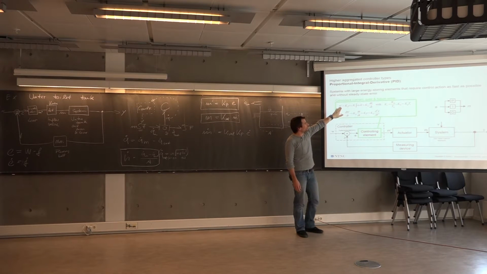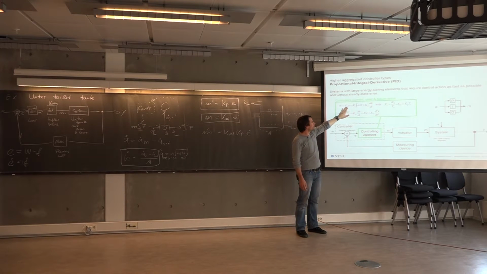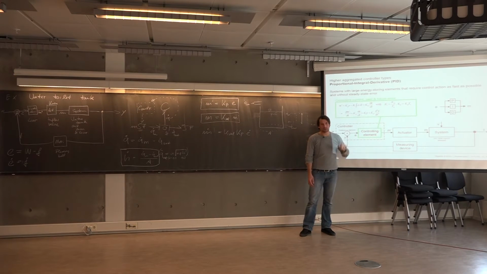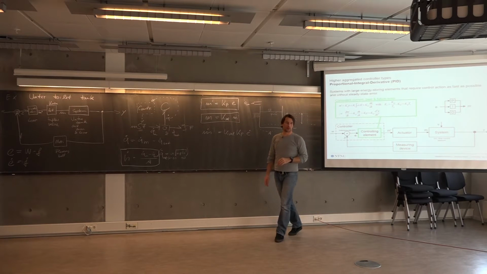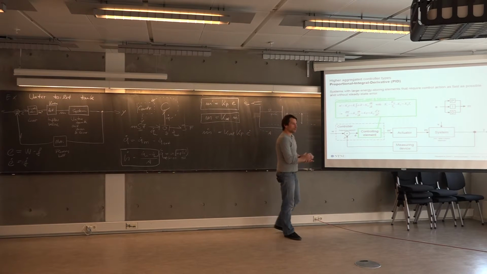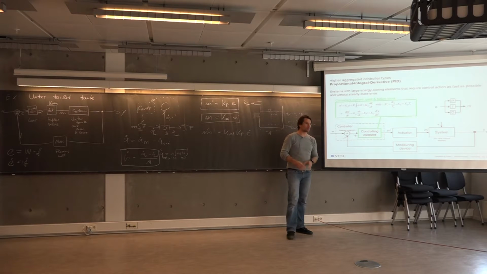We have the manipulated variable as a consequence of the proportional control, of the integral control, second term, and of the derivative control type, third term. That's pretty much it. It's a combination of the three previously mentioned single element control types.